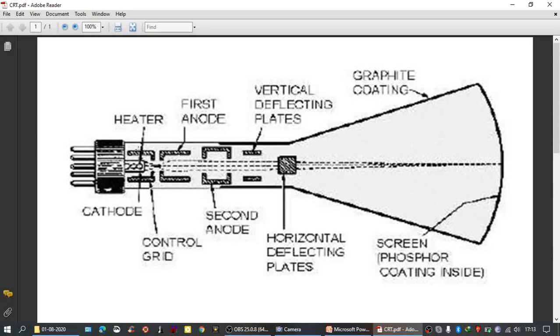Generally, it would be of cylindrical shape with a small hole in the center, coaxial with the center of the CRT tube.